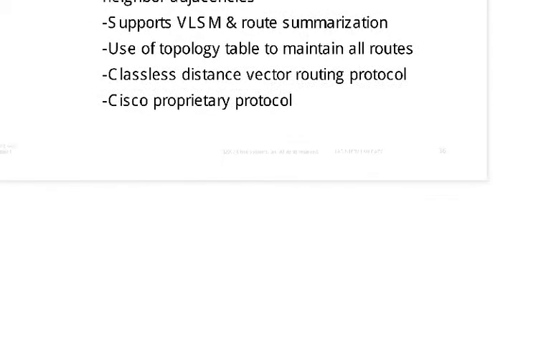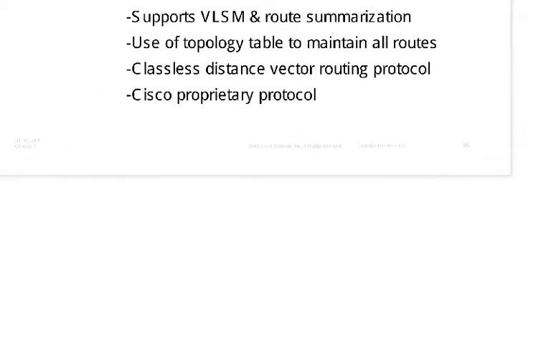EIGRP is a proprietary protocol. What does that mean? Does anyone know what proprietary means, as opposed to a standard protocol? Anything? So proprietary means that this has been implemented by Cisco internally, and there's no specific standard or RFC.